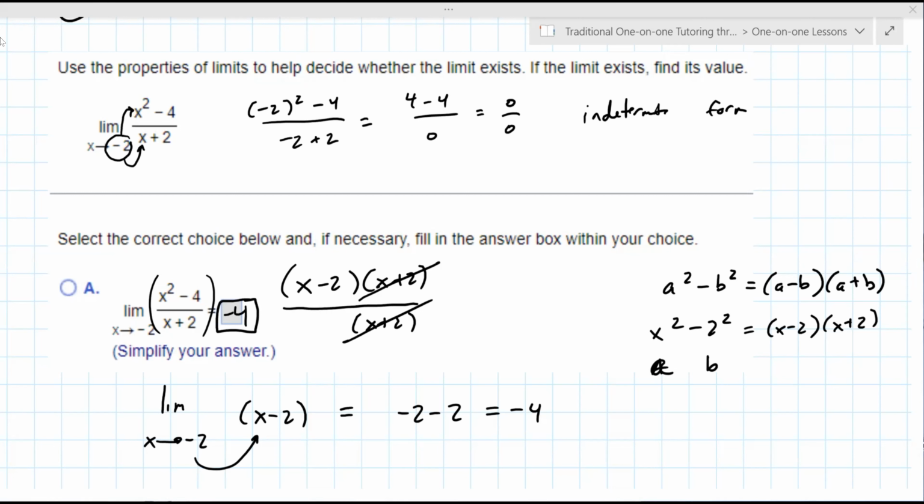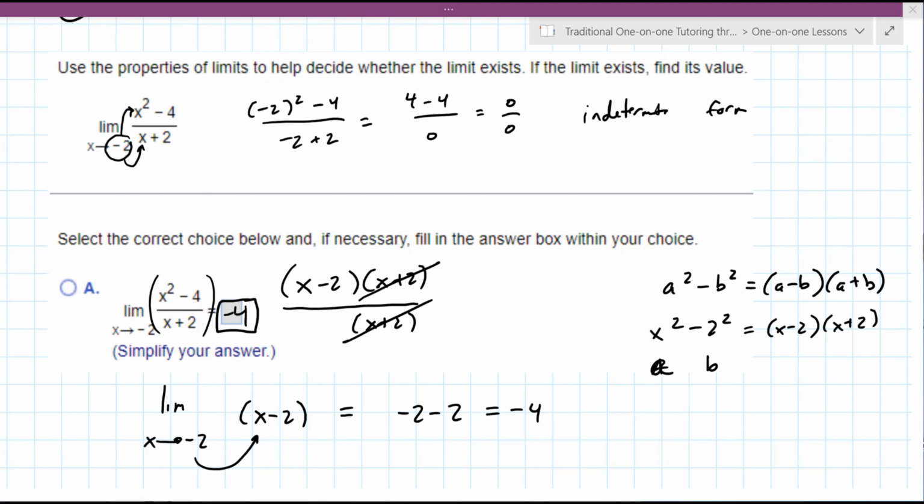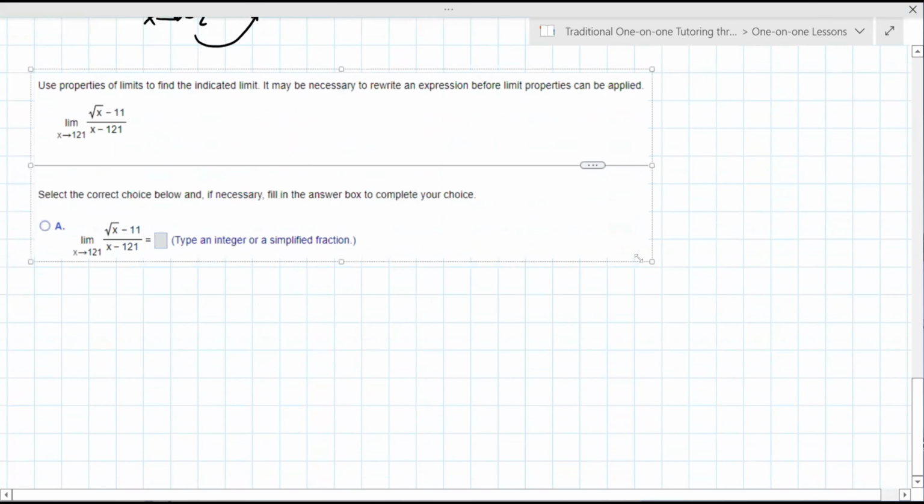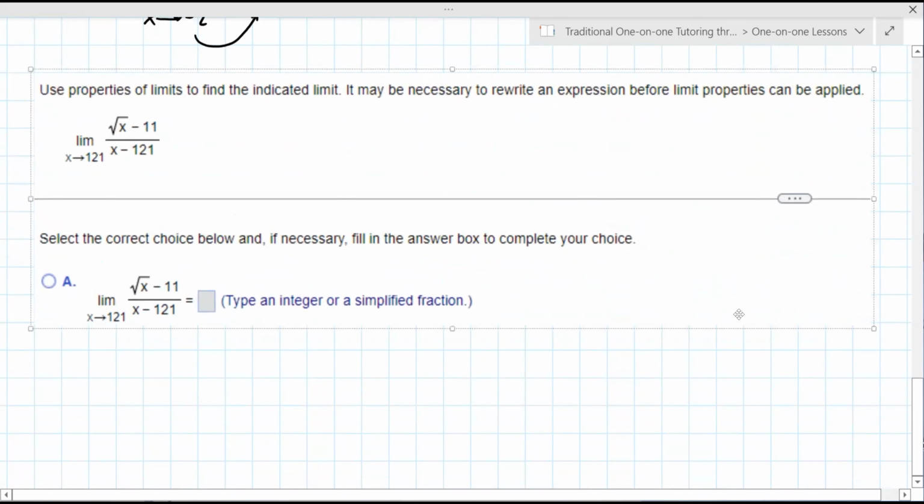All right, so the next question here. All right, the next question here is kind of the same deal. Try to find the limit.